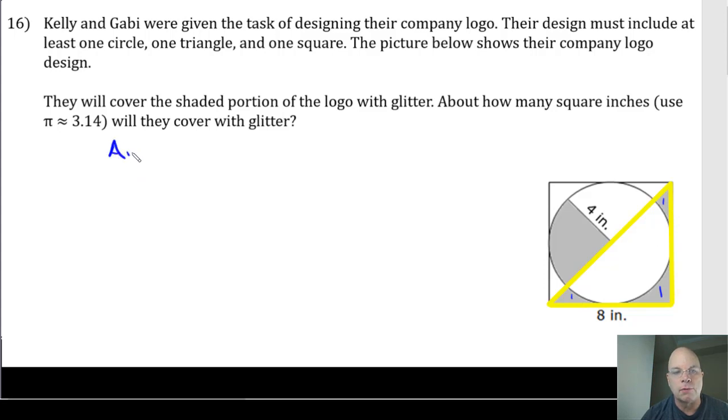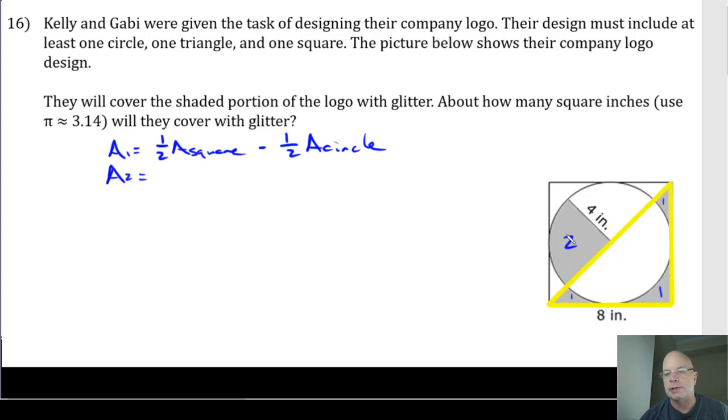So area 1 would be equal to 1/2 of the area of the square minus 1/2 the area of the circle. Because if I take half the square and then subtract half the circle, I'm left with this combined shaded area, area 1. This other shaded area, call this area 2, is simply, well, 1/4 of the circle.